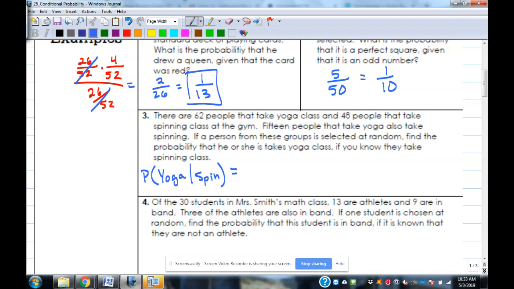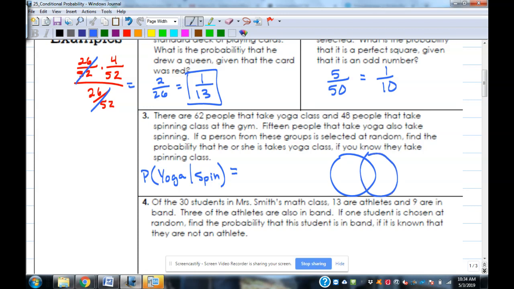One skill that's good here is a Venn diagram. Do you remember doing those, or have you ever done those? The circles that overlap?